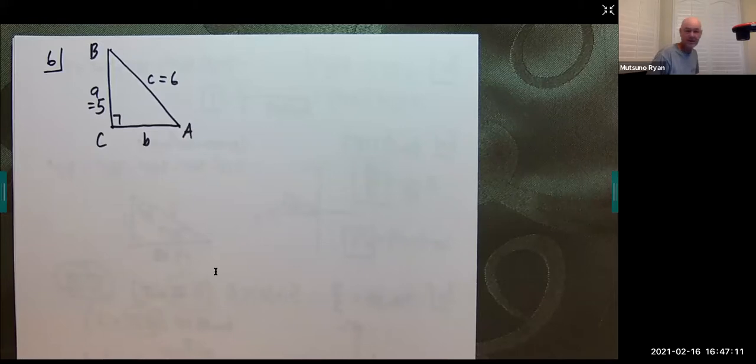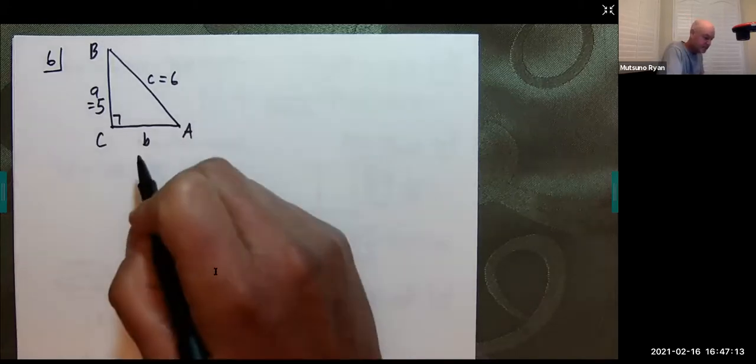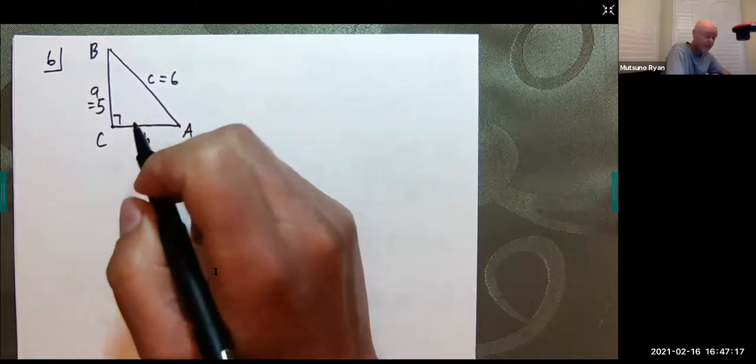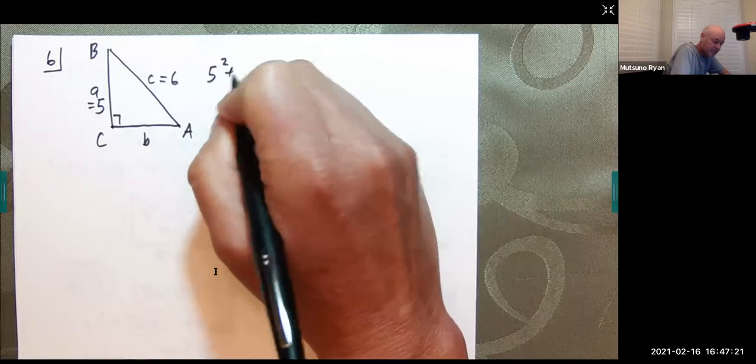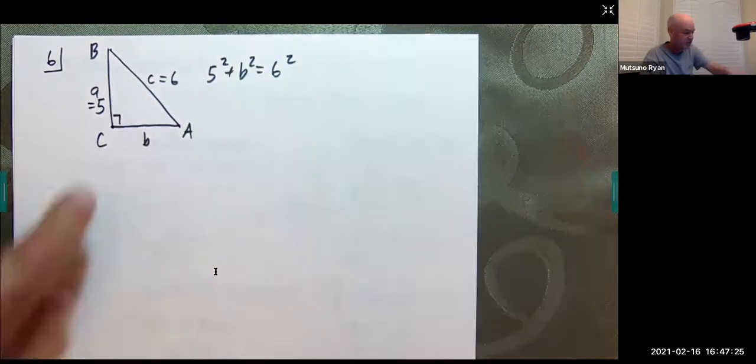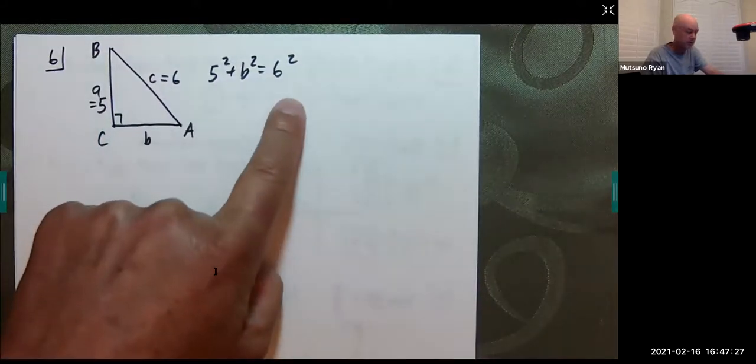They want us to find the missing side B as well as the 2 angles here. Let's start with the missing side B. I'm going to use the Pythagorean theorem for that. So 5 squared plus B squared equals 6 squared. Now remember, the hypotenuse is always the one that's by itself on one side of the equation.